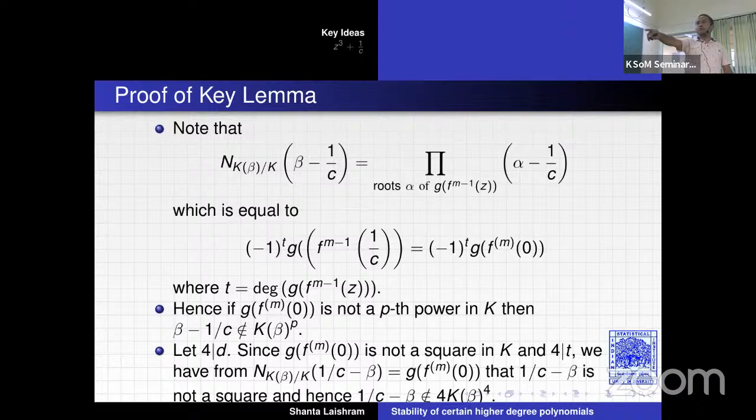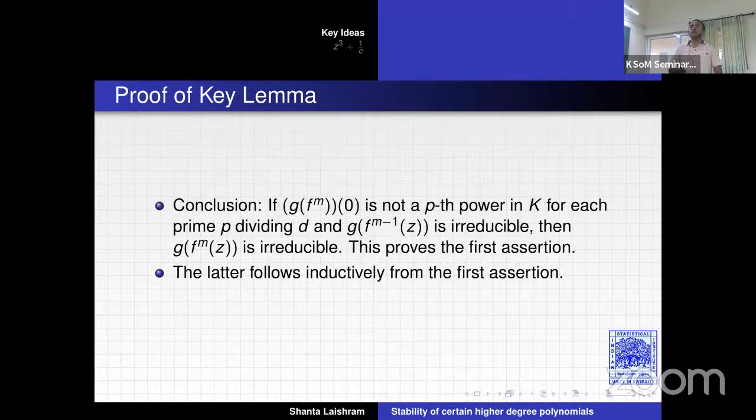So from this norm, what we see is that minus 1 over c minus beta is not a square, and so it's not of the form minus 4 times something to the power 4. So the whole conclusion is that g of f^m_0 is not a p power for every prime p dividing d, and g of f^(m-1)_g is irreducible, then g of f^m_g is irreducible.